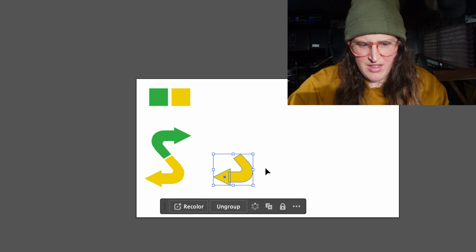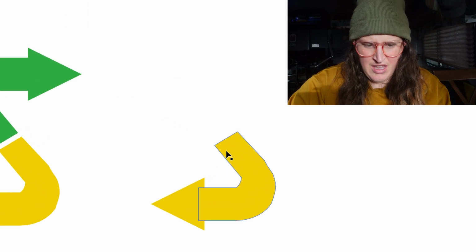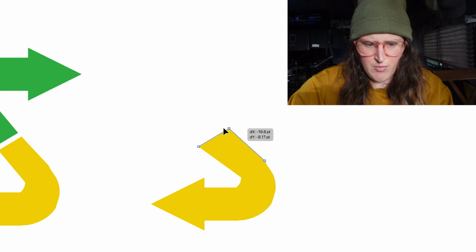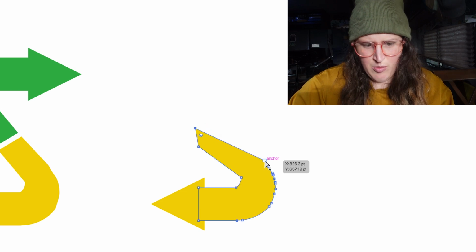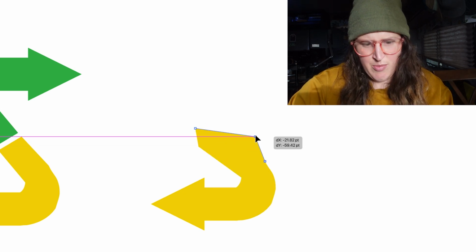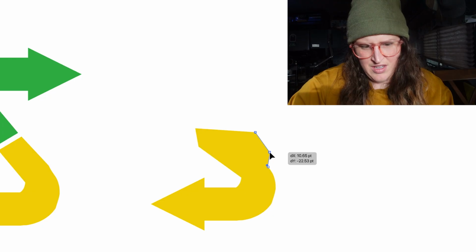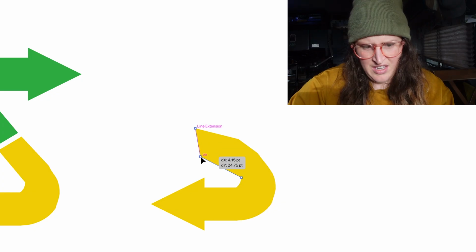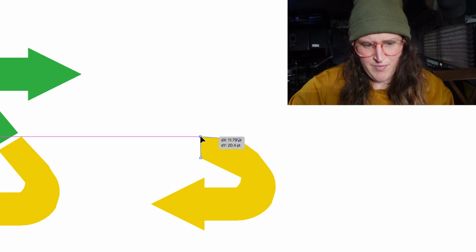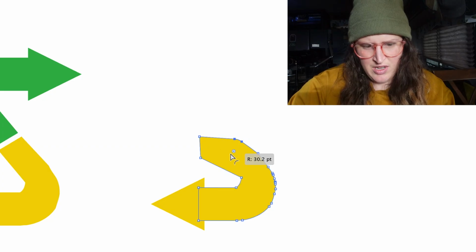Let's copy this arrow and let's use the pen tool to move these 2 points, to move these 3 points actually. And let's make the logo more of a C shape, more of a backwards C shape.